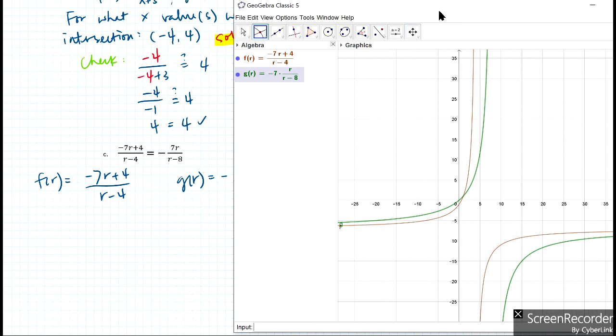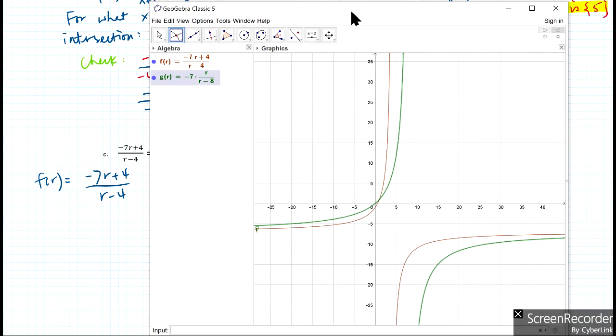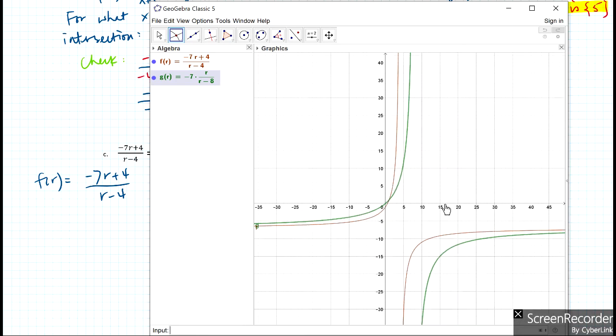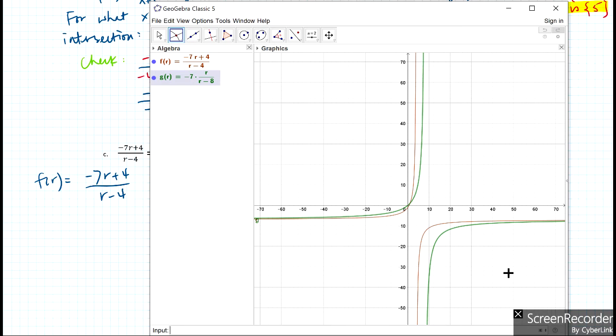All right, so we have this graph with red and green curves. If we want to look at the intersection, first thing I want you to notice is that we have clearly an intersection here, but we also want to zoom out to be a little bit more careful to check whether there's any other intersection.